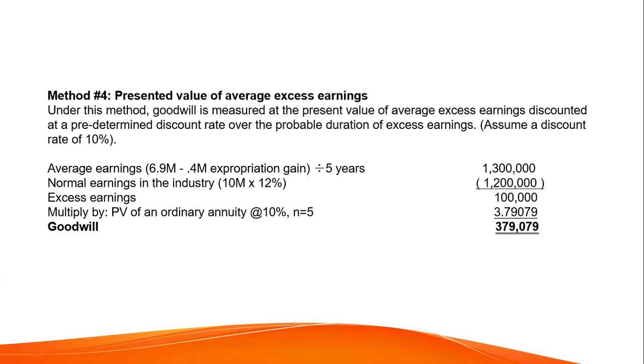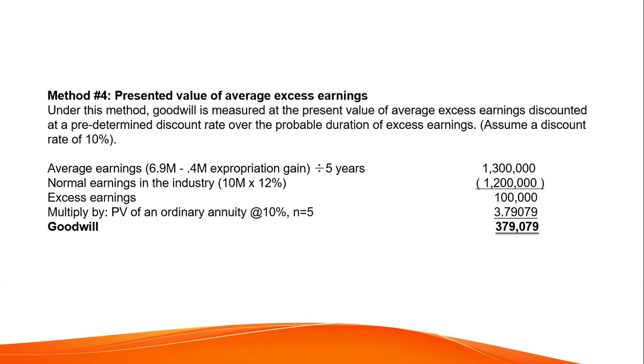Now here, we are already using the discount rate of 10%. So we have the period of 5 years. We have the present value factor, which you may compute in your calculator, though we have a book with a table where we can find this. We have the goodwill of 379,079.